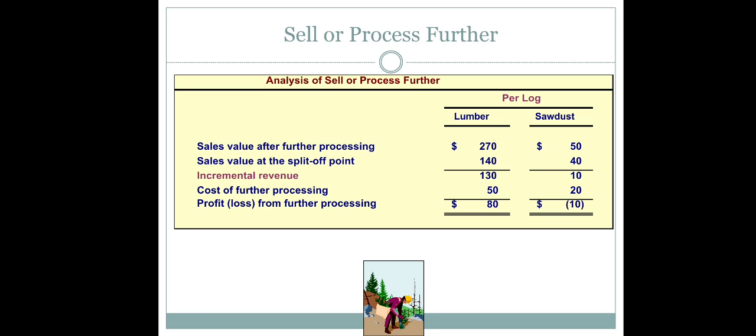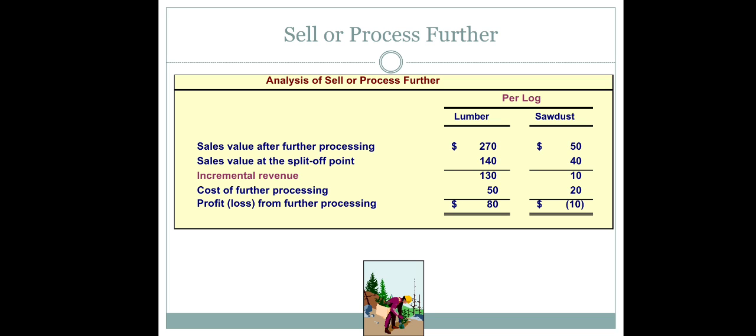The lumber, if the business sells the lumber, the price per unit is $270. If the business sells the lumber as is, the price is $140, which is the sales value at the split off point.